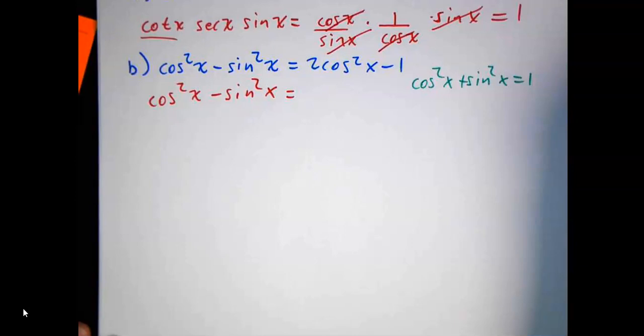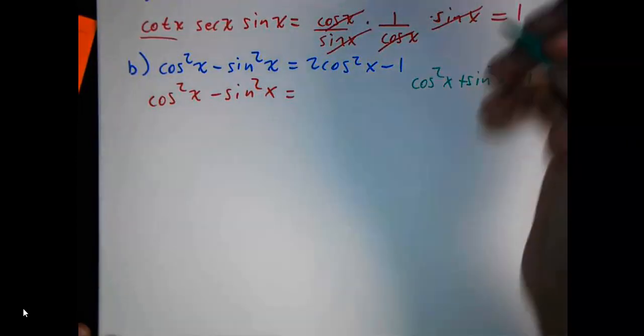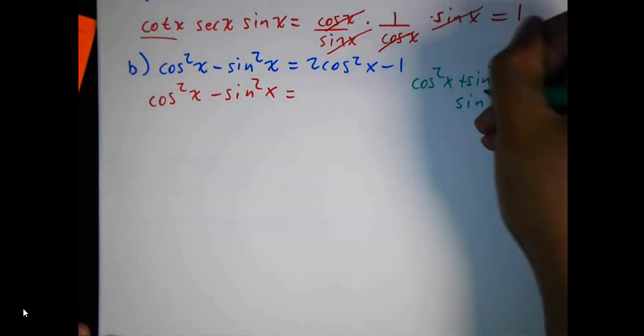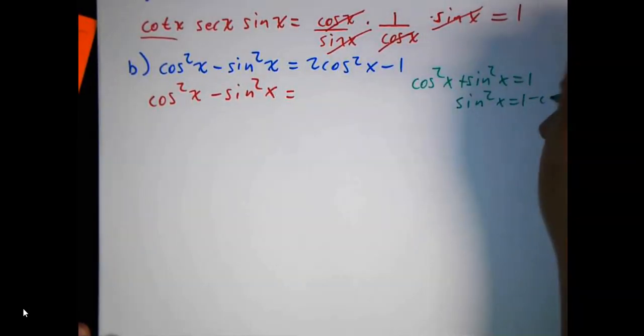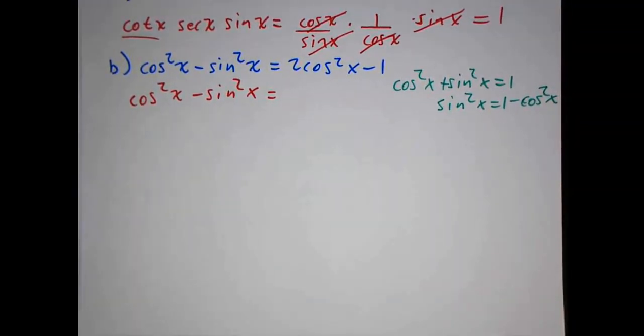And so if you notice, there's no signs on the right side. So if I solve for sine squared, I have 1 minus cosine squared of x. Okay, so instead of sine squared, I'm going to write 1 minus cosine squared.